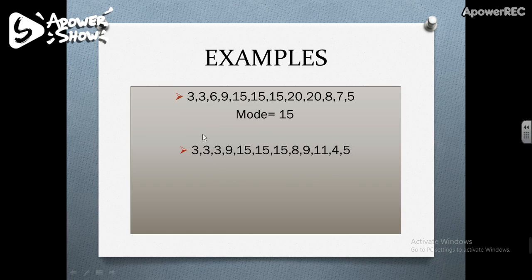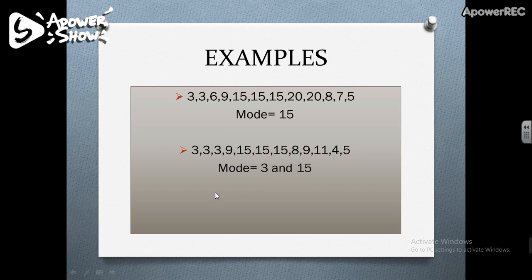In this set of observations, two numbers occur the same number of times. The first number is 3 and the second number is 15. So we can say that 3 and 15 both occur the maximum number of times. So this set of observations has two modal values. The first one is 3 and the second one is 15.